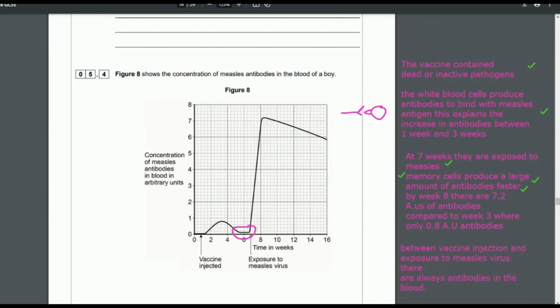There was 0 antibodies. So you might also want to comment there and say before the vaccine, they had no antibodies. So I would whack that in as well. So again, that's more marks. You say, before the vaccine, they had 0 antibodies, and then you go on to explain all of this. And then in between, their antibody level never goes back down to 0 again. So there's lots and lots of marks to be had here.